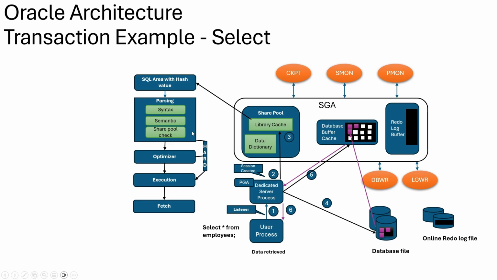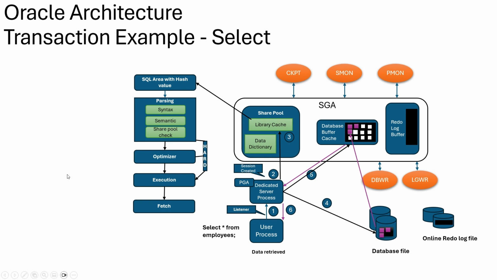Along with that match, the hash value will have a reference execution plan as well. So immediately it finds the execution plan and goes to execution. It need not go through the optimizer, because this SQL query already has an execution plan.